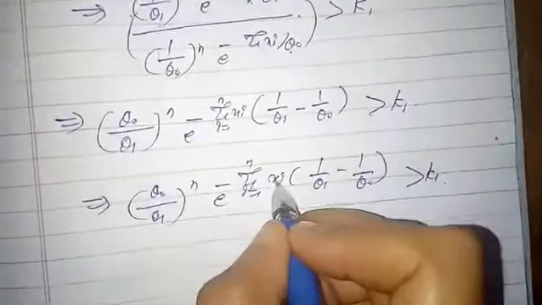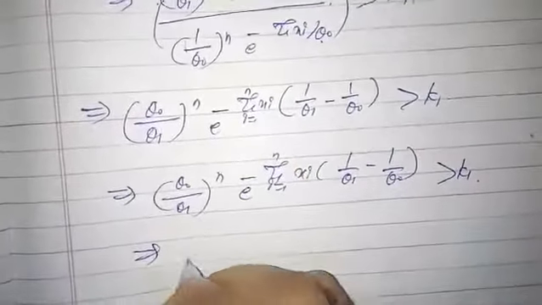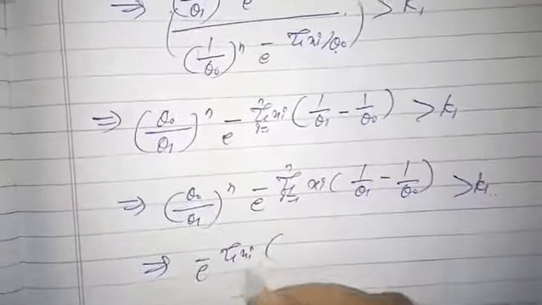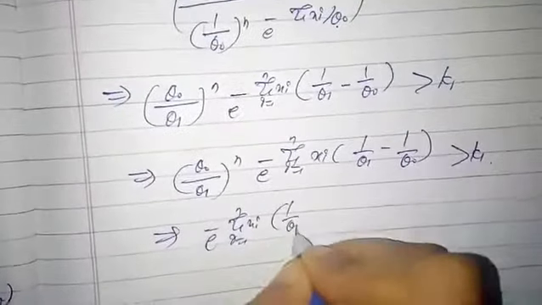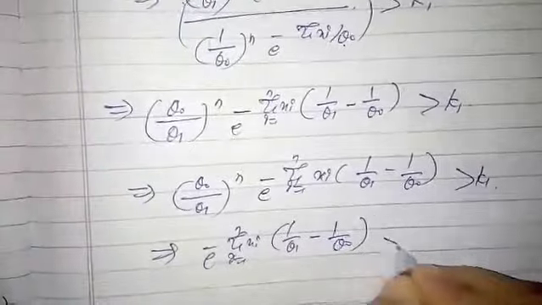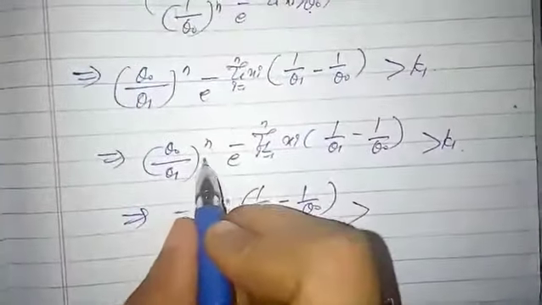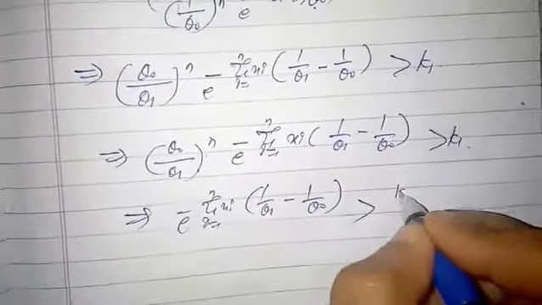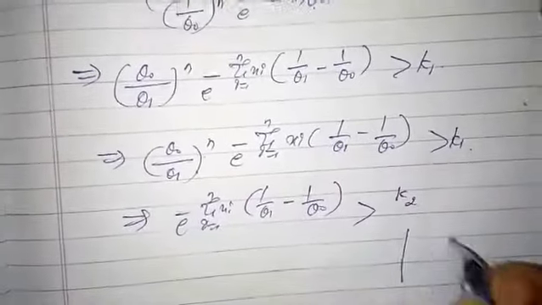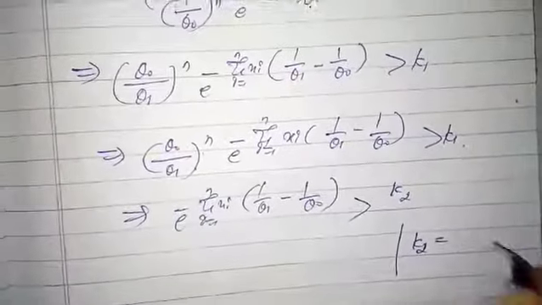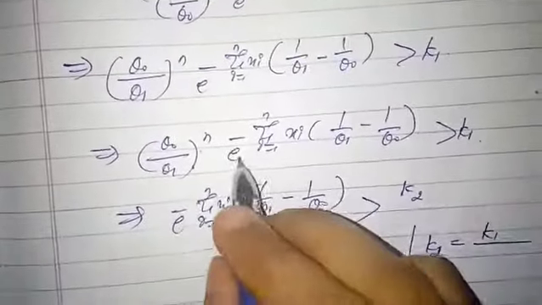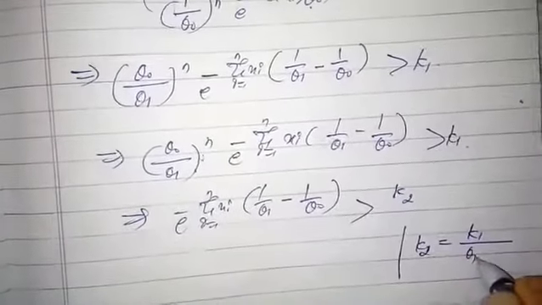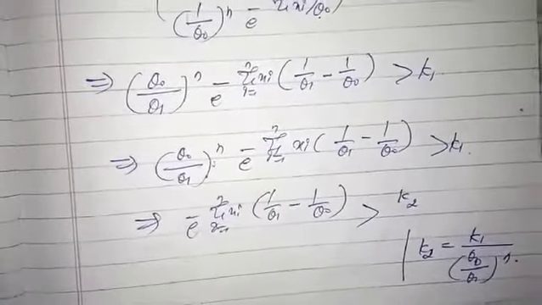We want only the function of the random variable, so you can simplify this term as minus summation xi, i from 1 to n, (1/θ1 minus 1/θ0), greater than, dividing by the same term, k2. What is k2 then? It is k2 equal to k1 divided by this term, (θ0/θ1)^n.